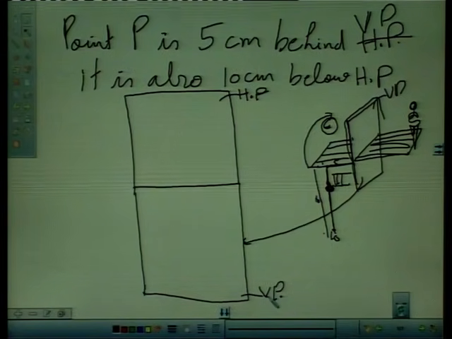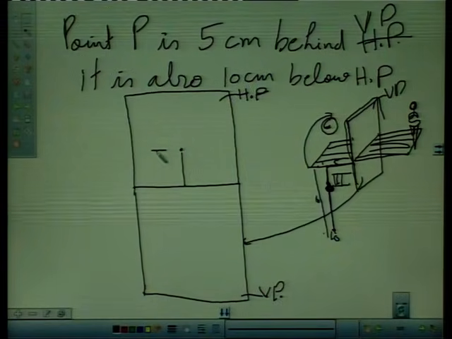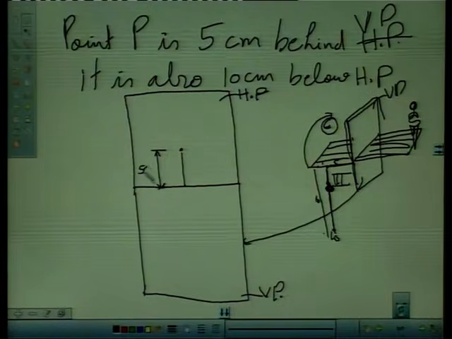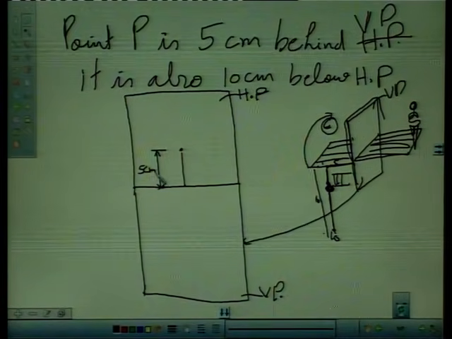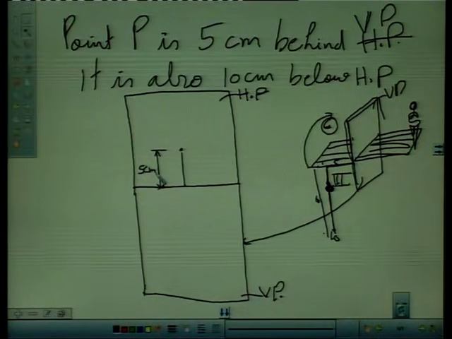Now on horizontal plane we will get plan, which is as per statement, point is 5 centimeter behind vertical plane. So this distance is 5. When we move this plane like this, we will get here like this. This distance is 5 centimeter. From here we can see this will go like this. So we will get height of 5 centimeter.